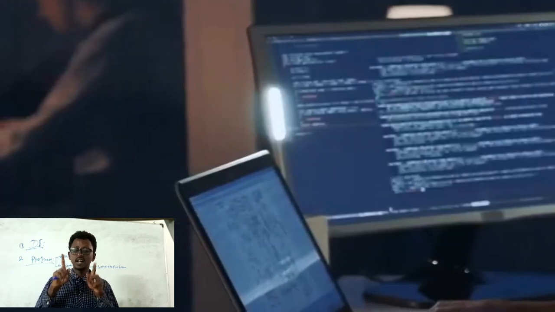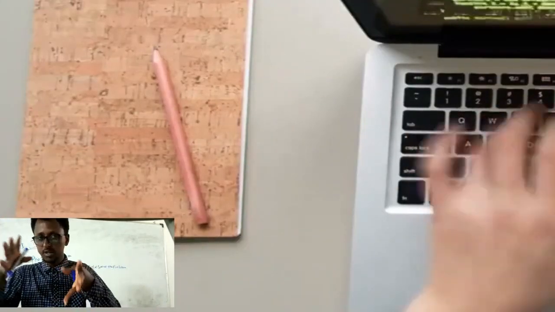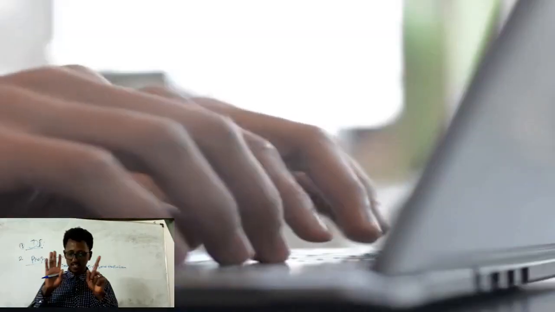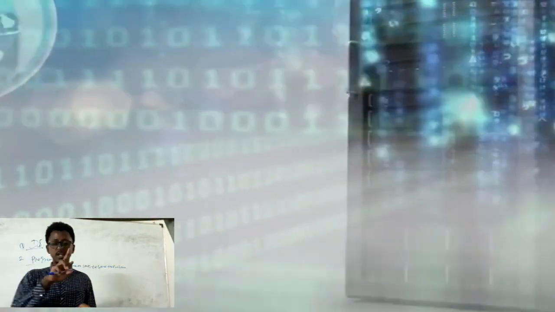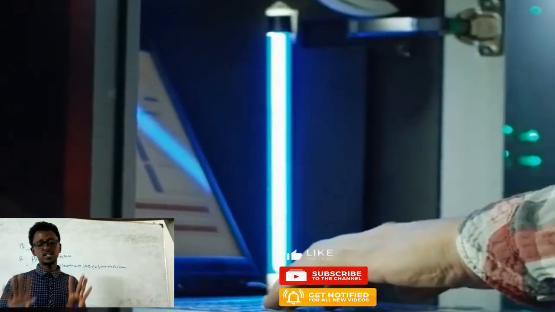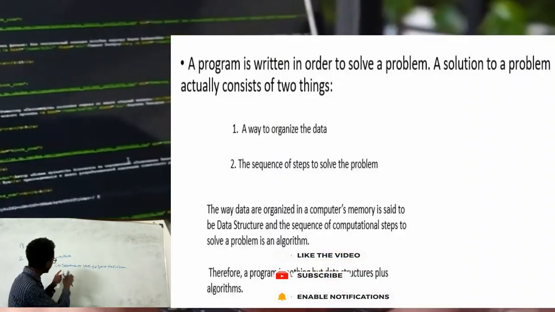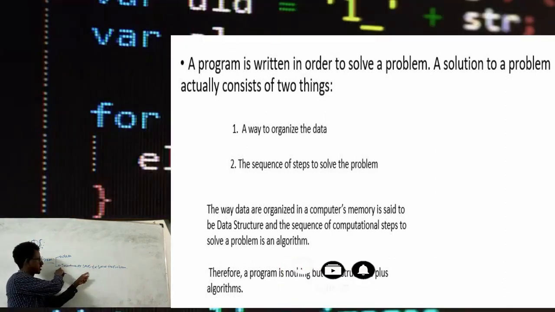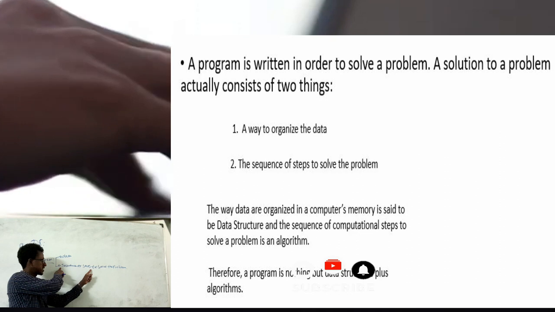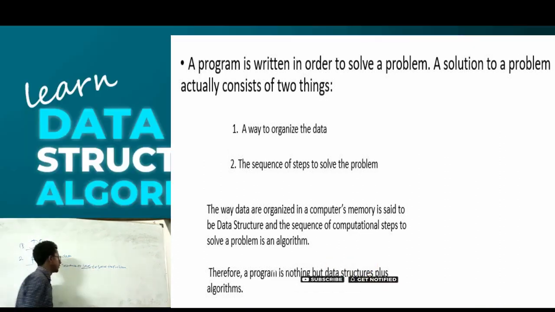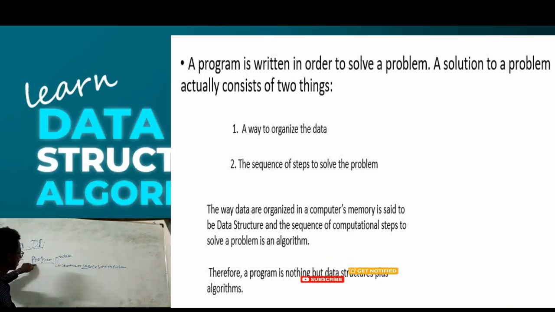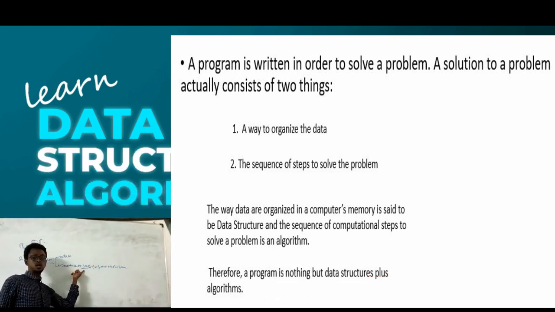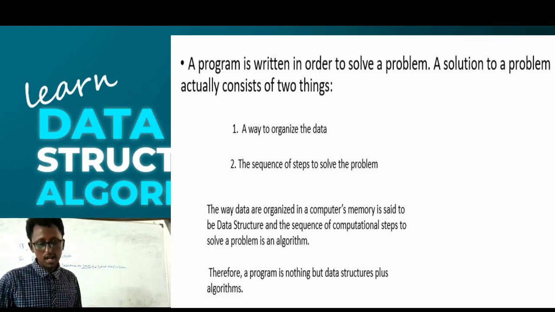The first one, the data structured and stored in computer memory, we call data structure, and the second one is the sequence of computational steps to solve a given problem, which is called an algorithm.